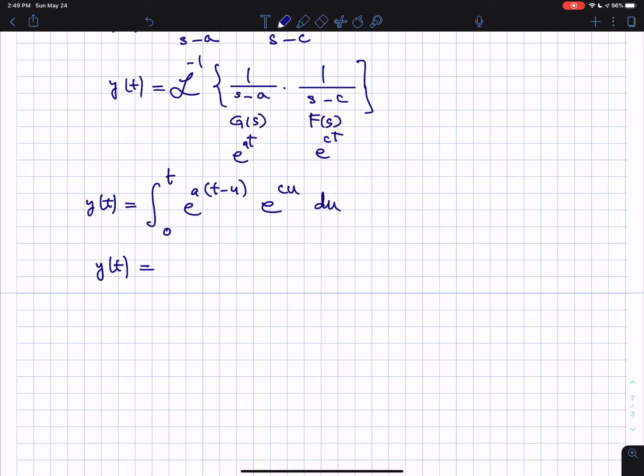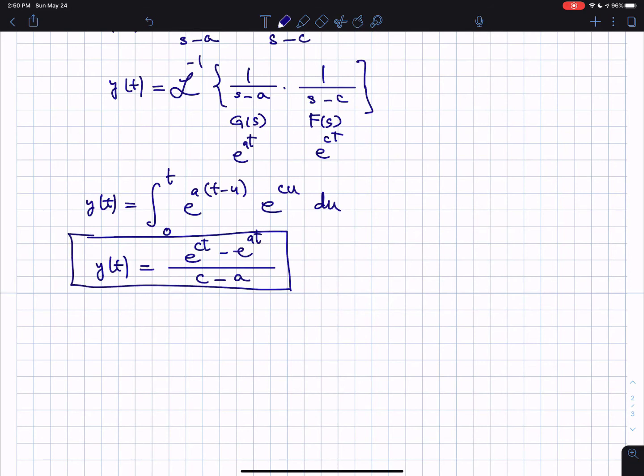The answer is e to the ct minus e to the at, divided by c minus a. So that becomes my solution, and I could have gotten that had I done partial fraction decomposition, but I just wanted you guys to see that.